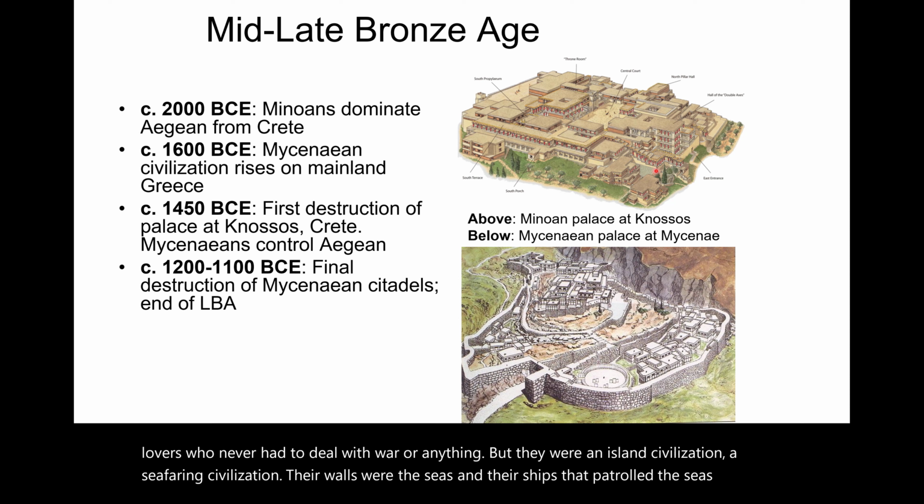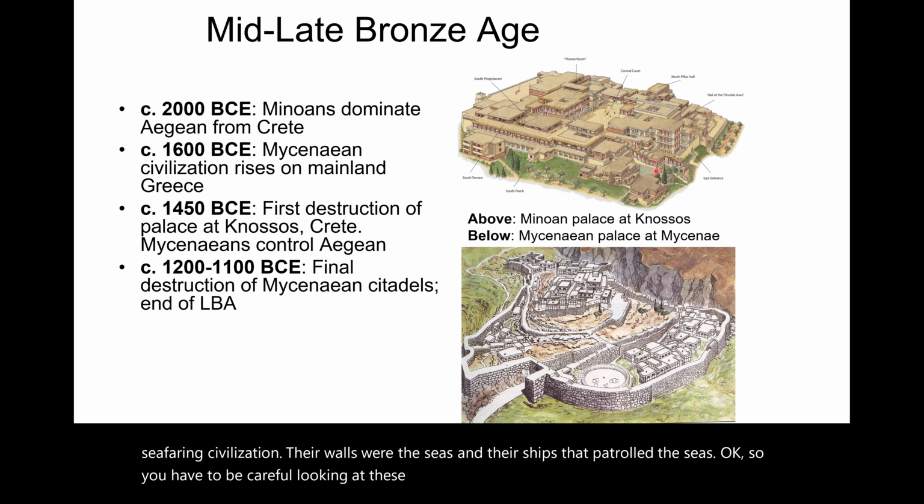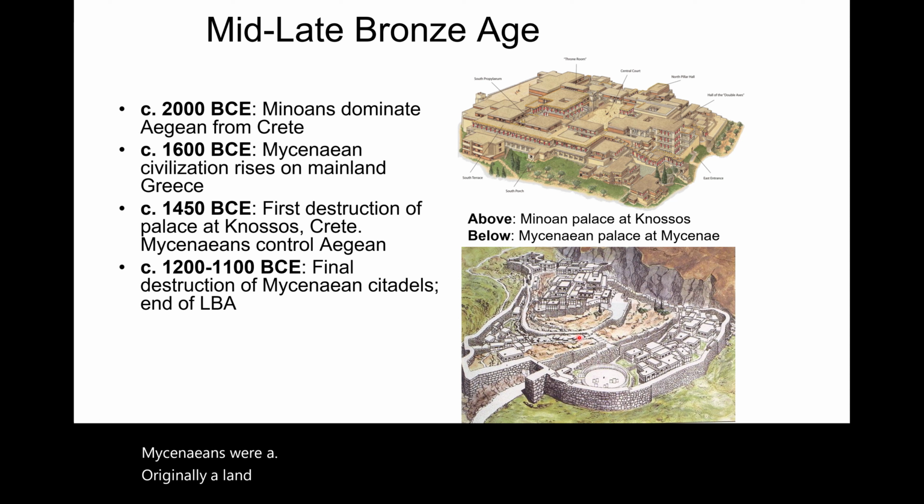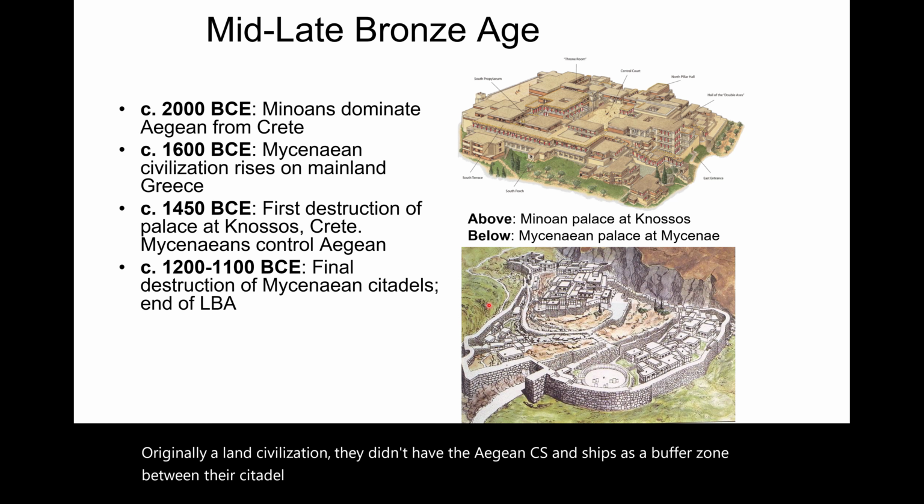Okay, so you have to be careful looking at these things and making one-to-one correspondences. The Mycenaeans were originally a land civilization. They didn't have the Aegean seas and ships as a buffer zone between their citadels and threatening forces from the outside, so they built really big, thick walls.